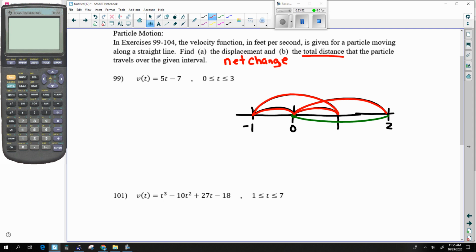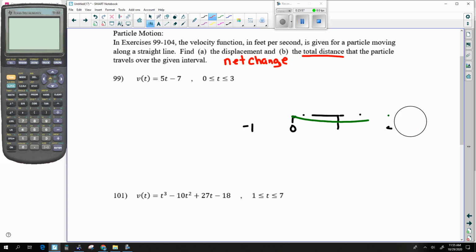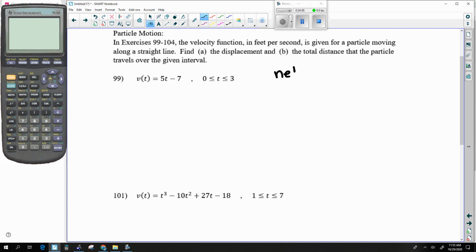Okay, and this is referring back to the very last formula that we had on the fundamental theorem of calculus. Net change in position, or the net change in really anything, but I think of it as a position, is the integral from time 1 to time 2 of its rate with respect to time.